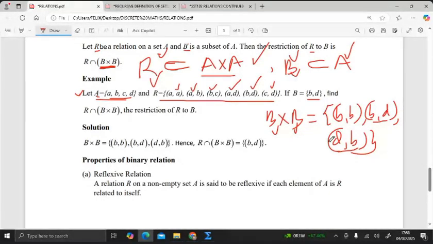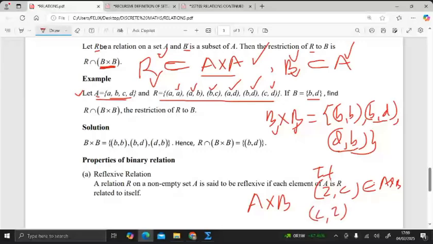When you have the Cartesian product of a set and itself, that is when you are allowed to have this one commute with this. But if you have the Cartesian product of a set and another one, you can't do that. This is what I mean.